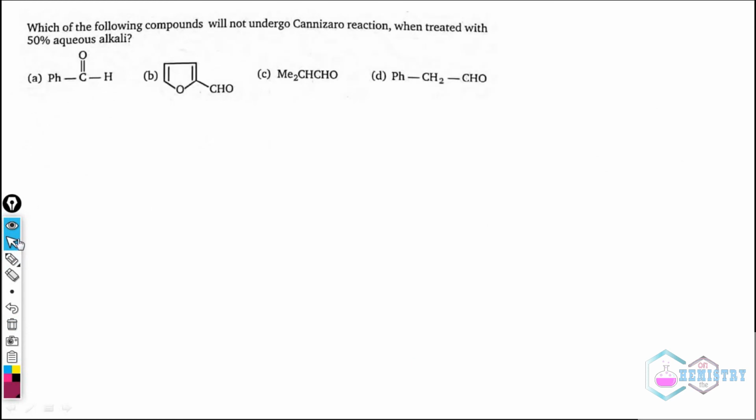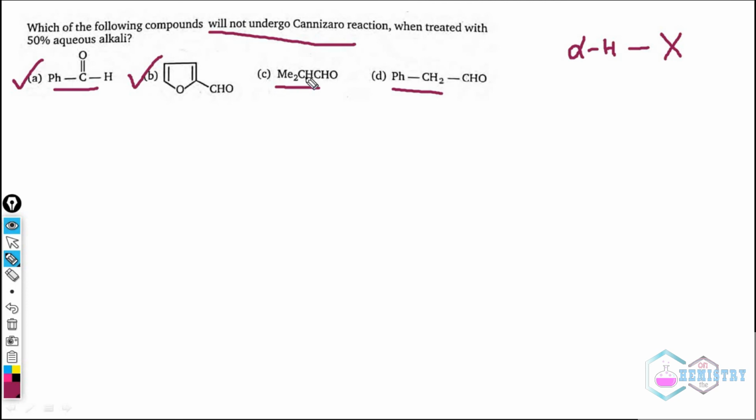Now the next problem is, which one of the following will not undergo Cannizzaro reaction? Now we all know that any aldehyde having alpha hydrogen will not undergo Cannizzaro reaction. Now this does not have alpha hydrogen, so this will go Cannizzaro reaction. This will also go Cannizzaro reaction. But these two compounds have alpha hydrogen in them.